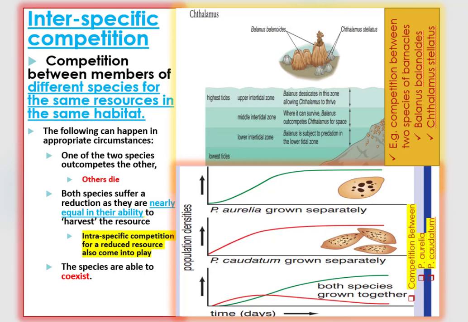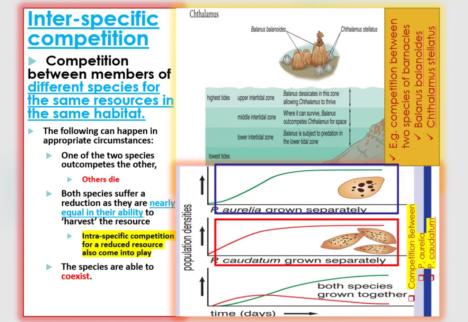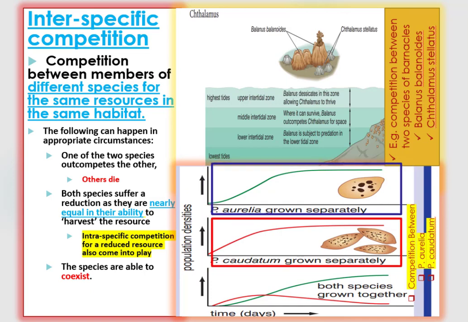In 1934, Georgy Gause grew two different species of paramecium, that is, Paramecium aurelia and Paramecium caudatum, in a culture medium of oatmeal and yeast. Initially, he grew each species in isolation and monitored the population densities. Then he grew the species together and again monitored the population densities.